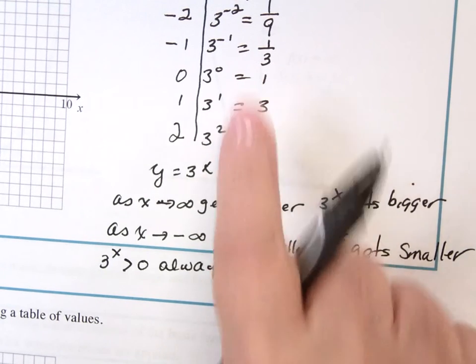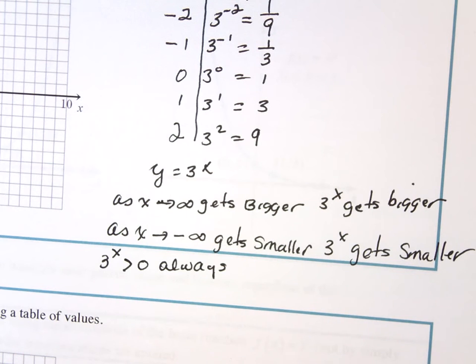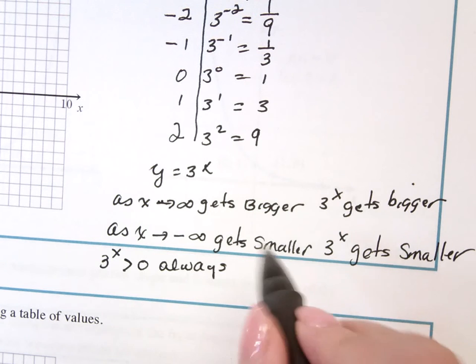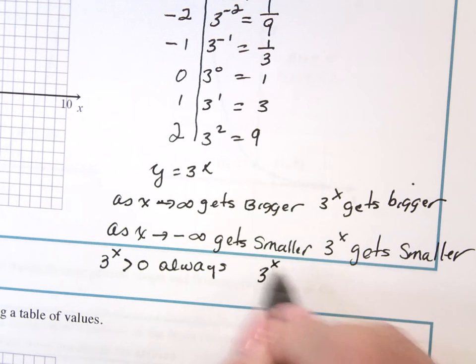So that would be 1 over 27, 1 over 3 cubed, 1 over 3 to the 4th, 1 over 3 to the 5th. It's always positive, but it's getting smaller and smaller. So 3 to the x will go to 0, never reaching 0, but goes to 0.